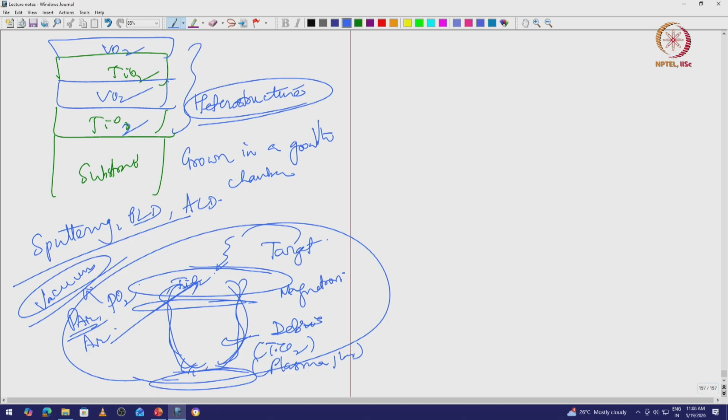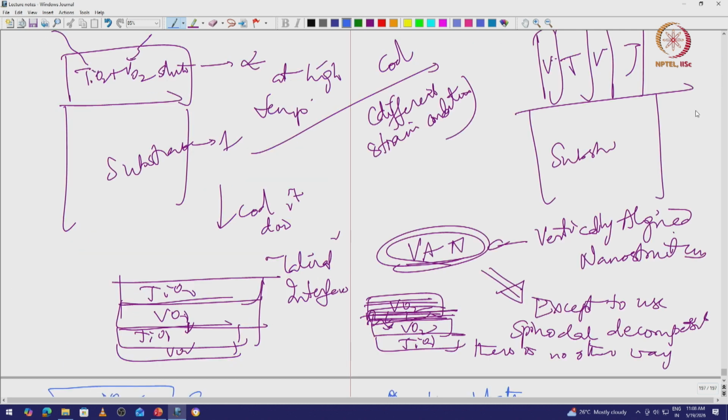the debris of the missile comes and falls on the substrate, and on the substrate I have a plasma to solid reaction.